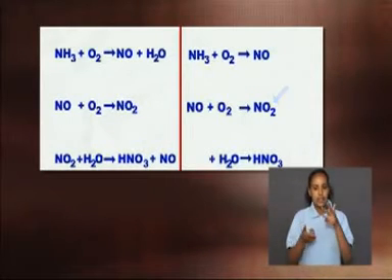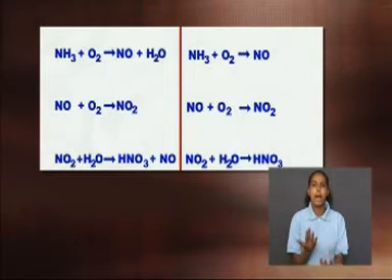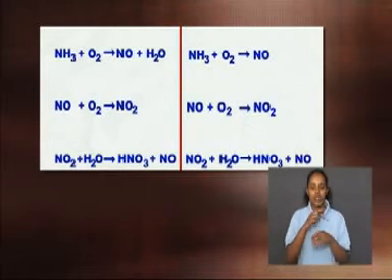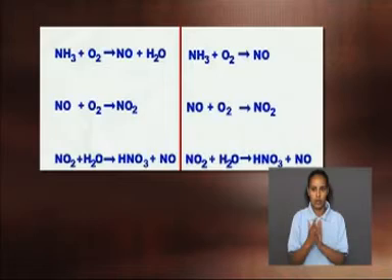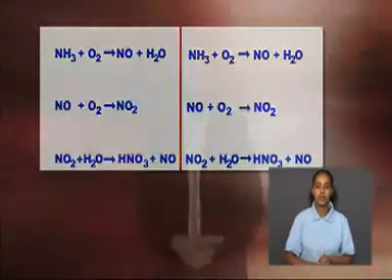In the third step, nitrogen dioxide is bubbled in warm water, which reacts to produce nitric acid as well as nitric oxide. Now that we have gone over the steps, write the chemical equations for each step of Ostwald's process, making sure to put them in the correct order.